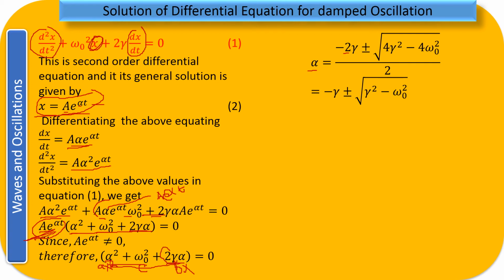This is your coefficient b, so b is equal to 2 gamma. So I have written minus 2 gamma plus minus root of 2 gamma whole square, so 4 gamma square, minus 4ac. Here a is equal to 1, and c is equal to omega naught square, so 4 omega naught square, upon 2a, where a is equal to 1, so again upon 2. So what I can do, here you have the 4.